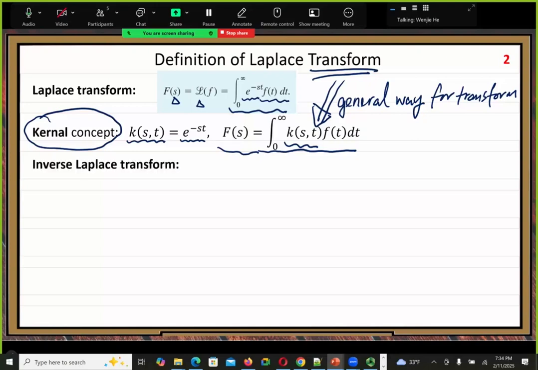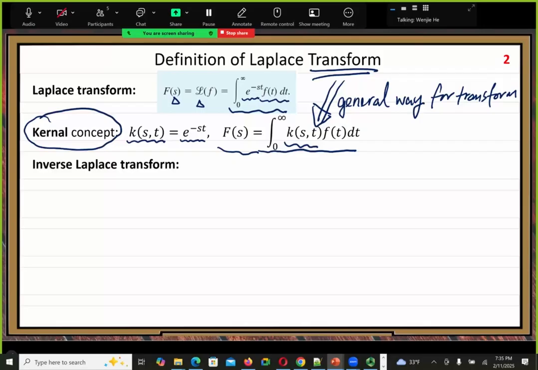Inverse Laplace transform. In order to make the Laplace transform useful, you have to find its inverse transform, to go back from that new domain. You do your work in the new domain, but you need to come back.